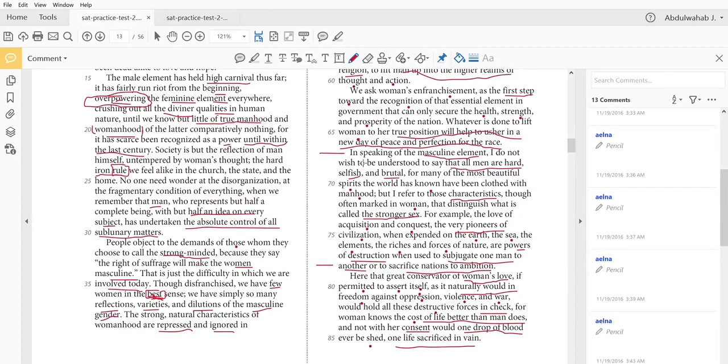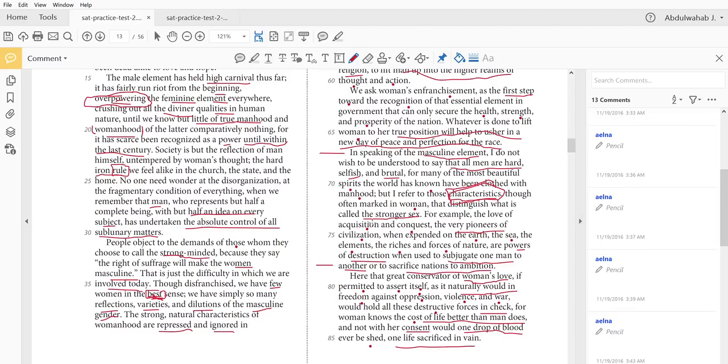So in speaking of the masculine element, masculine trait, or the men, I do not wish to be understood to say that all men are hard, selfish, and cruel. For many of the most beautiful spirits the world has known have been clothed with manhood. But I refer to those characteristics, though often marked in women, that distinguish what is called the stronger sex.